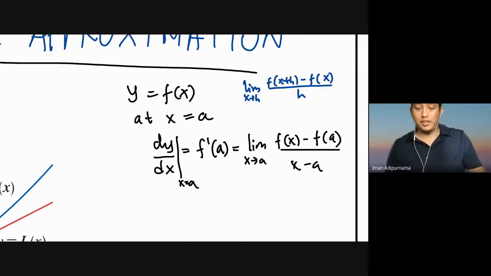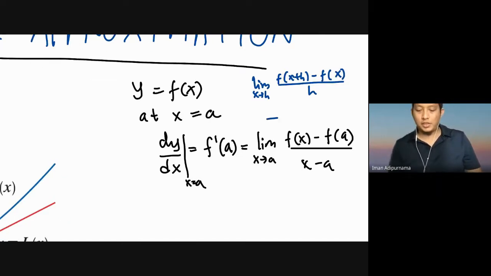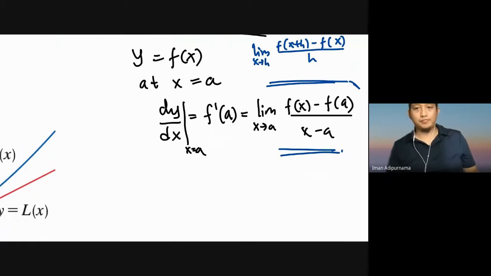But let's observe this form here. If you are using the limit here, it's actually not exactly the same as our f prime, but it's closer, right? The term limit means closer.